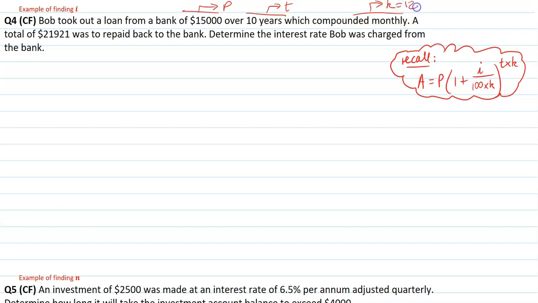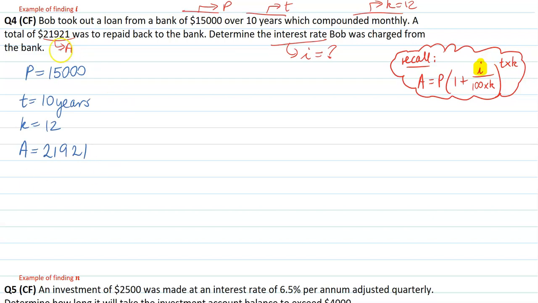Okay, K is going to be 12. That's our final balance. We want to know the interest rate. So looking at our equation, this is our target. Always document the values you get given, and then let's substitute it into the formula.